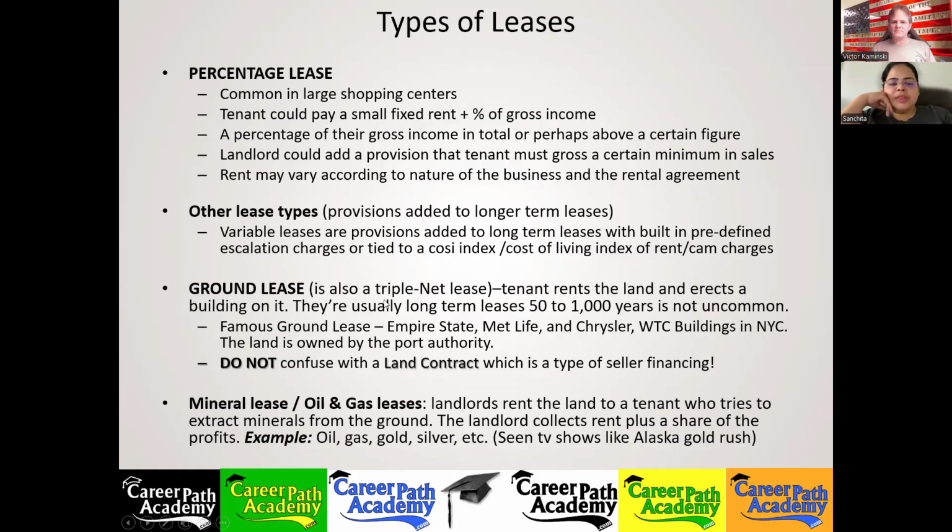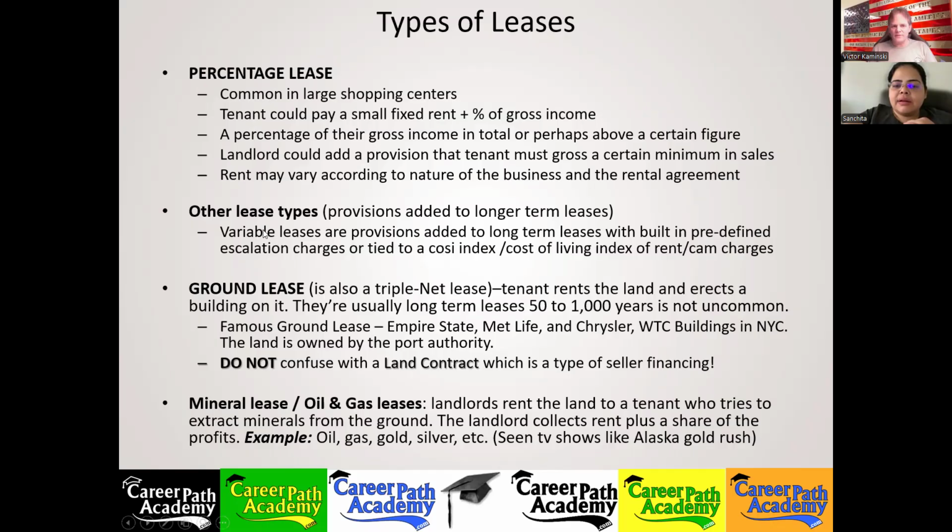Now, ground leases. In this case, if it is a small fixed rent and the shop is not earning profit, then it is negative for the tenant and the landlord also, right?